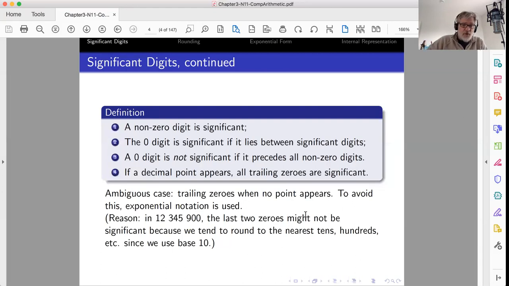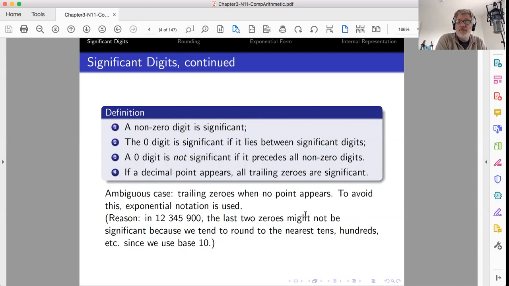Here's the definition of significant digits. First of all, a non-zero digit is always considered significant. Second, the digit 0 is considered significant if it is in between two significant digits. Third, the digit 0 is not significant if it's before all non-zero digits. And if there's a decimal point, then all the trailing zeros are considered significant.